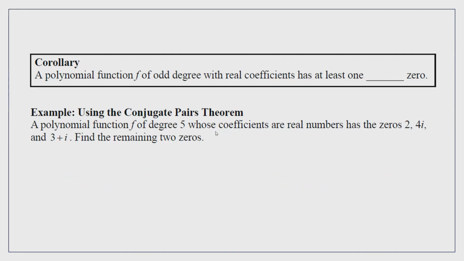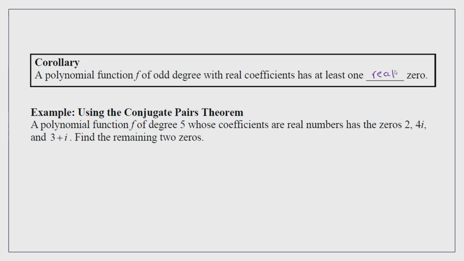A corollary, or like a subset of the theorem, states that a polynomial function f of odd degree with real coefficients has at least one real zero. So if your polynomial function's degree is an odd number, then we know that there exists at least one real zero.